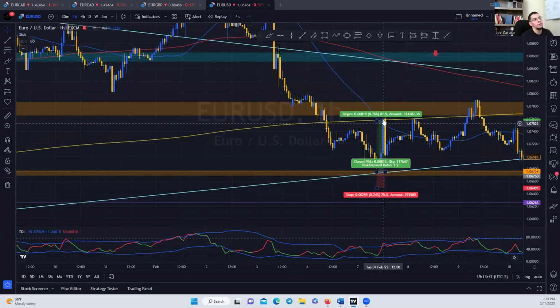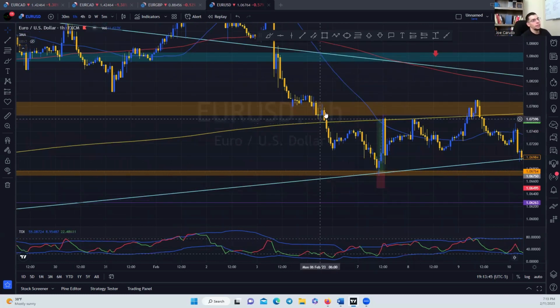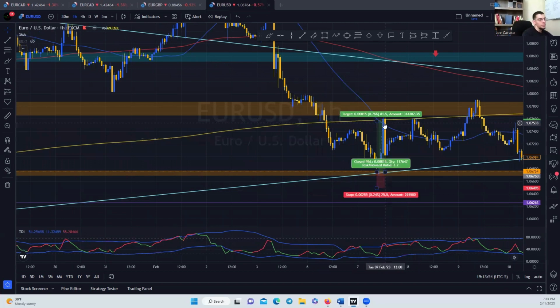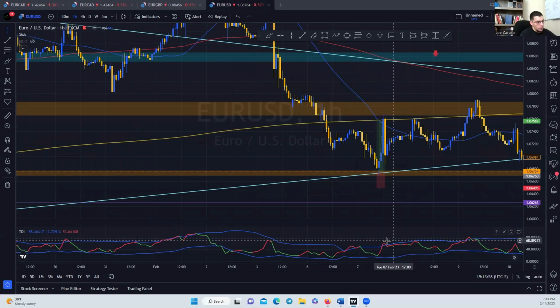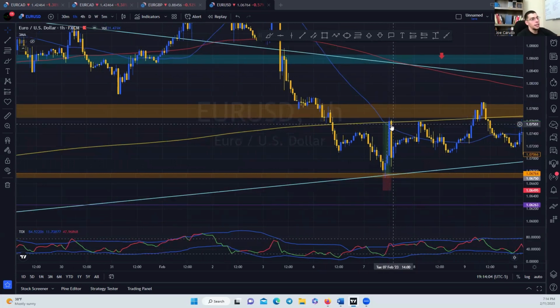This was also an area of previous support that could become resistance. So I saw that the smaller time frames were having a shark fin. I saw that the 1-hour was hitting the 50 moving average and the 800 moving average. I believe this one was also hidden divergence going against me. So again, these are telltale signs to, at the very least, take partials here.